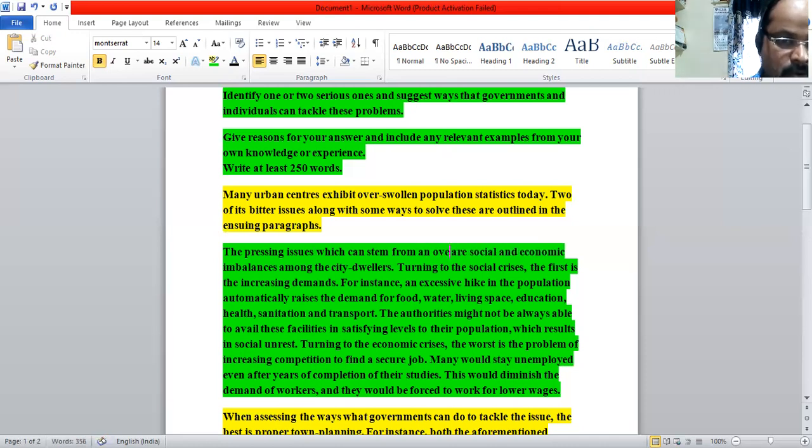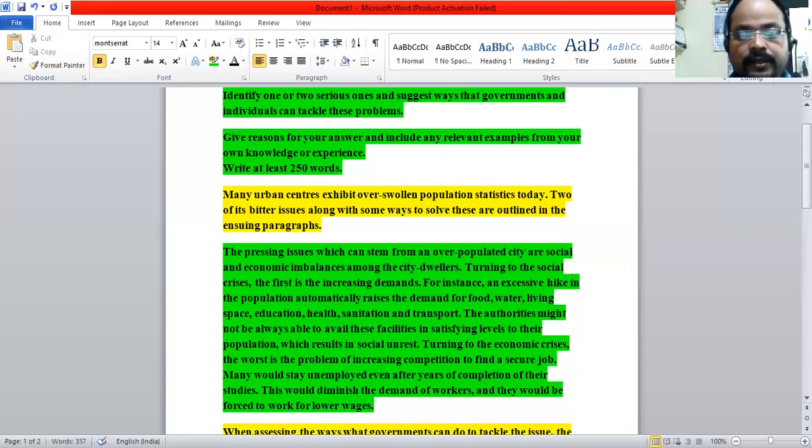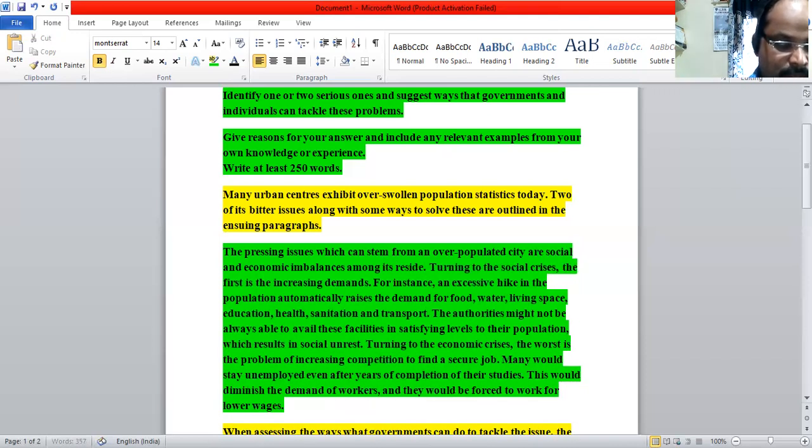from an overpopulated city are social and economic imbalances among its residents.